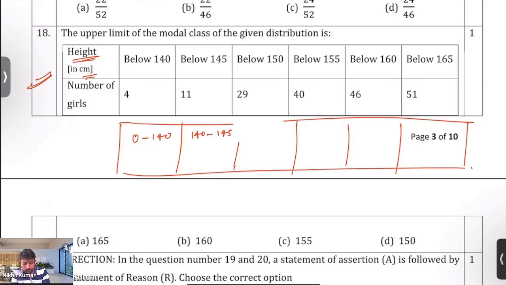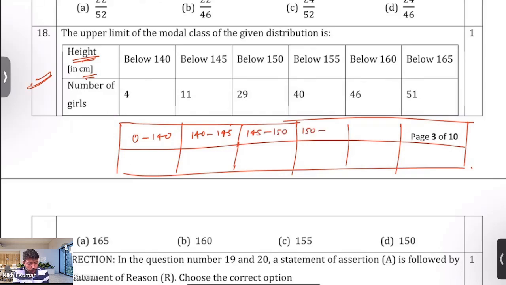So what are the class intervals then? 145 to 150, 150 to 155, 155 to 160, and 160 to 165. These are the class intervals.